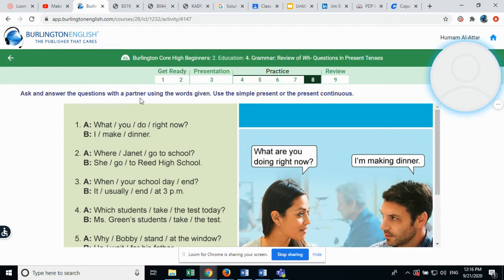I mean, you need to practice speaking to learn from your mistakes, so you can be more fluent, okay, and more skilled in speaking English. Okay, so we are going to use these questions and answers to practice with your partner. You can use the simple present or the present continuous.